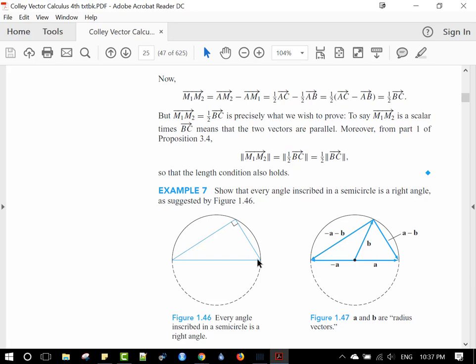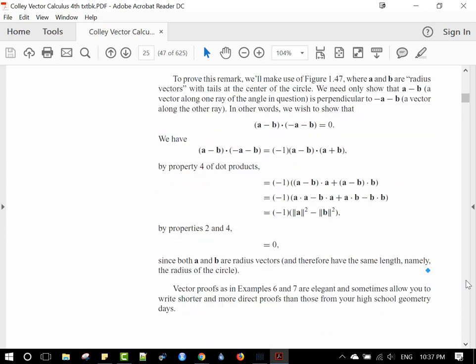Every angle inscribed in a semicircle is a right angle. So apparently with vectors, this is going to be pretty easy to show. So again, I'll let you go through that. Look at this. And they say vector proofs in examples 6 and 7 are elegant and sometimes allow you to write shorter and more direct proofs than those from your high school geometry days.